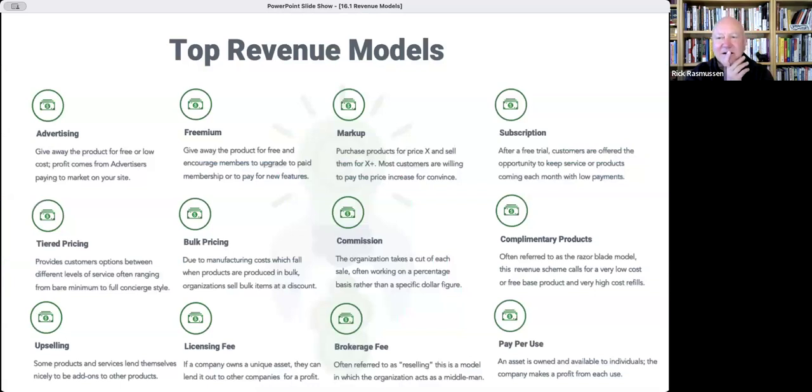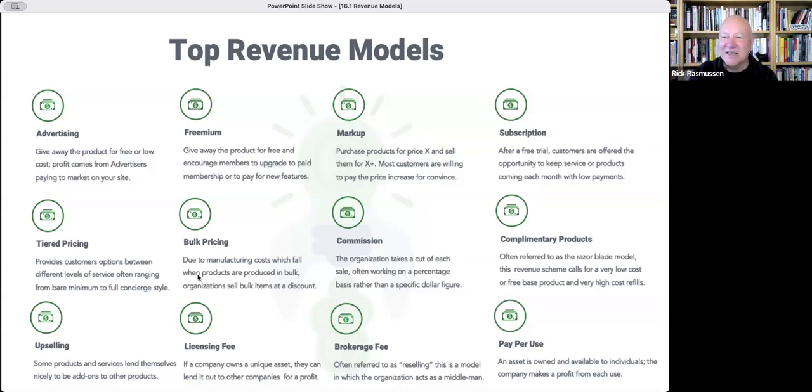Revenue models, oh my God. So I had to develop this way to teach finances. And every time I ran into revenue models, this is what I saw. It's just basically a list of stuff. And you can pick, I heard it already, freemium, subscription, tiered pricing.